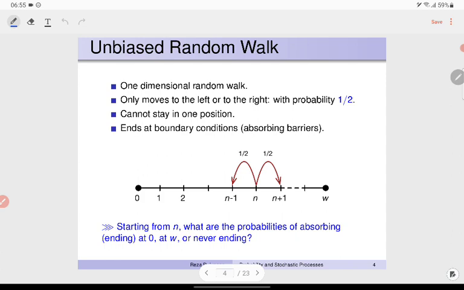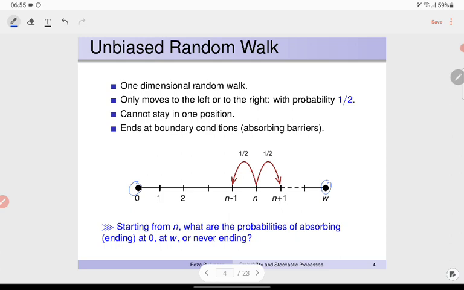Now let's look at this figure. In this figure we have a one-dimensional random walk, and there are w plus 1 positions, namely starting from 0, 1, 2, 3, and so forth until w. Positions 0 and w are the absorbing barriers.